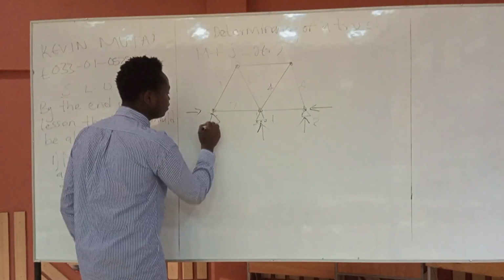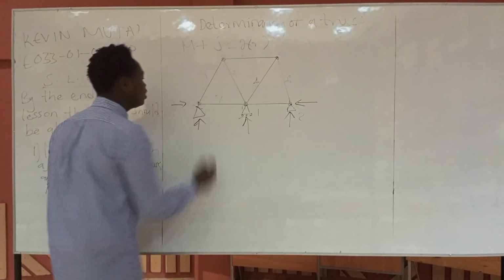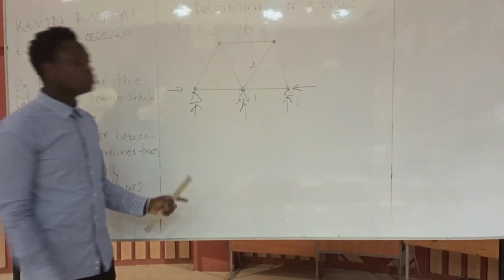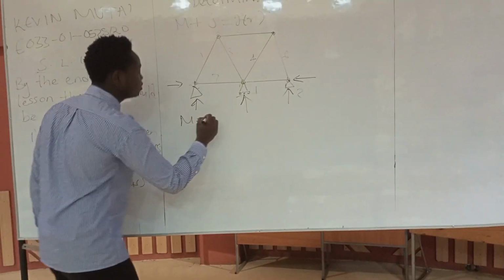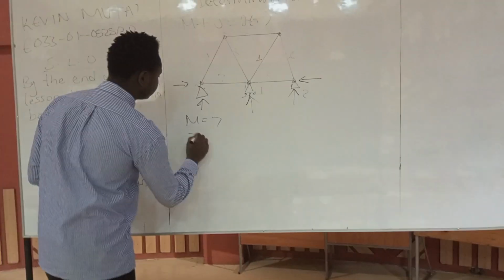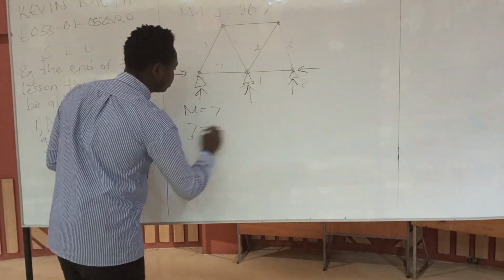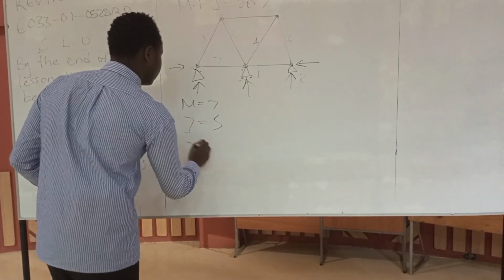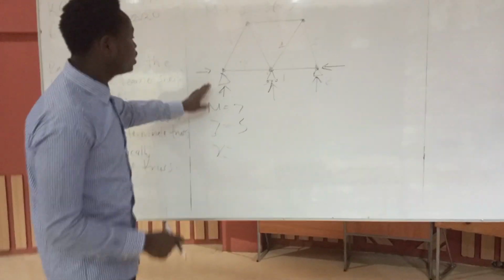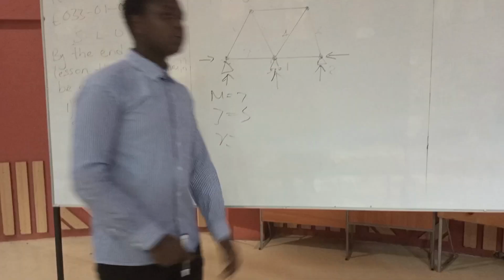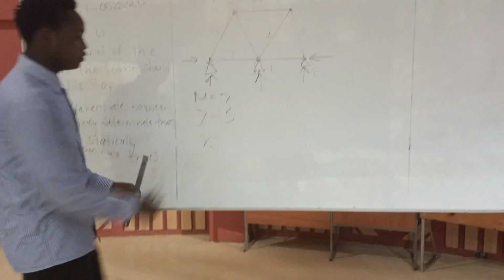We'll be having vertical and horizontal forces only. The members will still remain the same, 7. Joints still remain the same, 5. So where we have altered is the number of reactions: 2, 1, 2. 2 plus 2 plus 1 is 5.